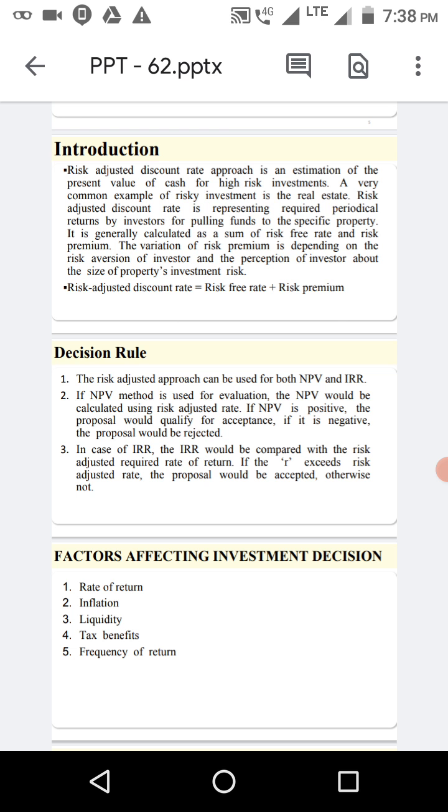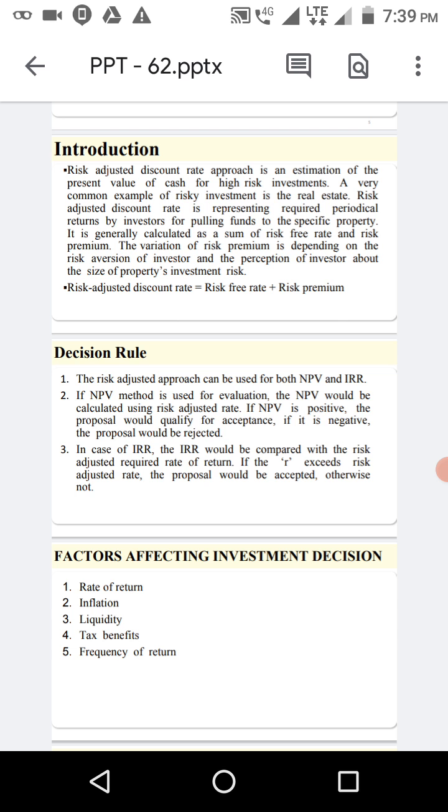For a higher risk investment project, a higher rate will be used, and for a lower risk investment project, a lower rate will be used. The net present value is inversely proportional to the risk adjusted discount rate, as an increase in the adjusted rate will decrease the net present value, representing that the risky project is less acceptable and perceived as a riskier one.